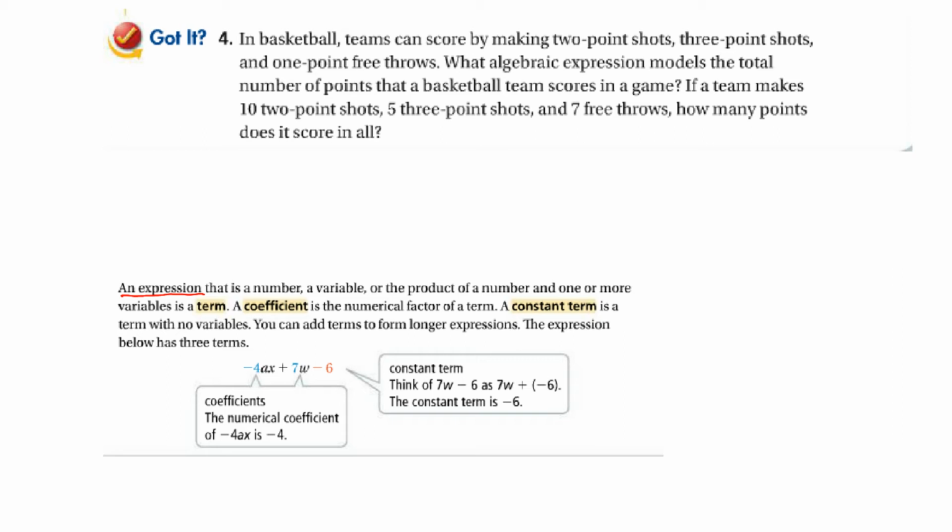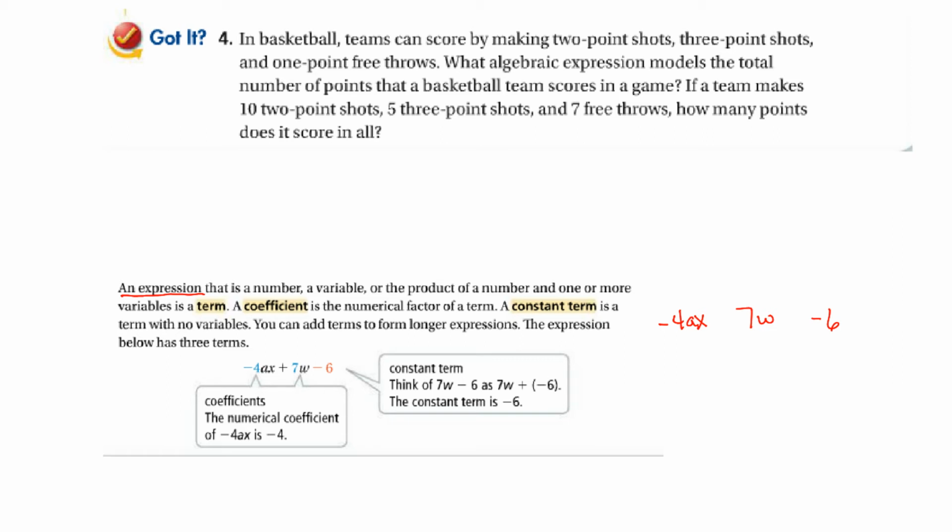You can add terms to form longer expressions. Looking at our example here, we have 3 terms in this expression. Negative 4ax is a term. 7w is a term. And negative 6 is a term. Make sure when you're looking at the terms, you look at the sign in front.